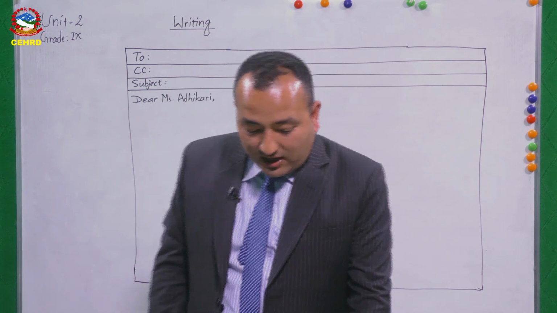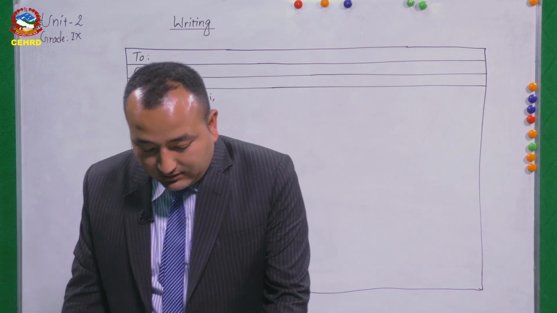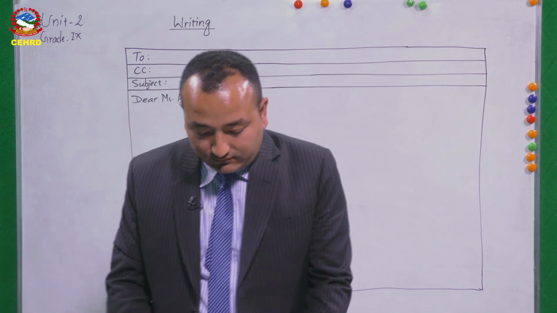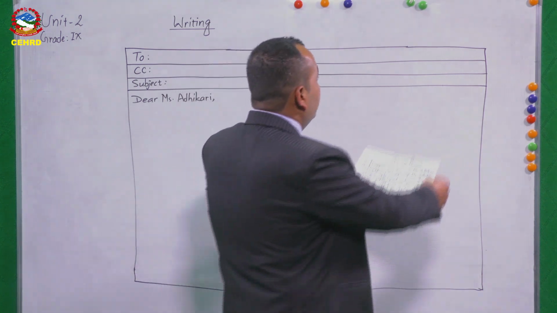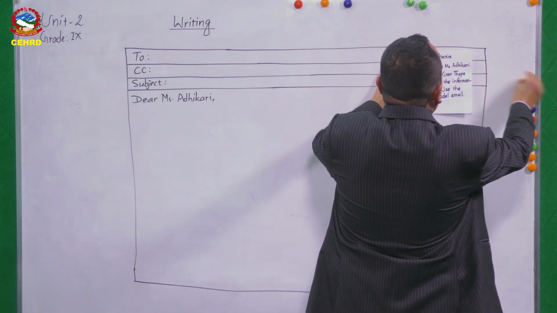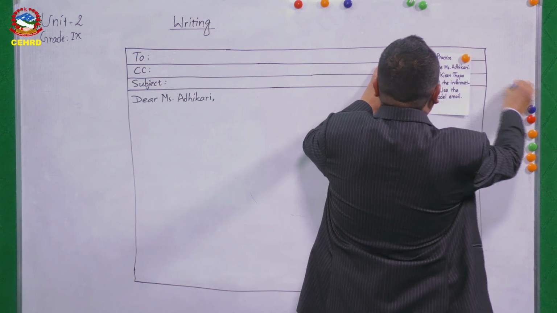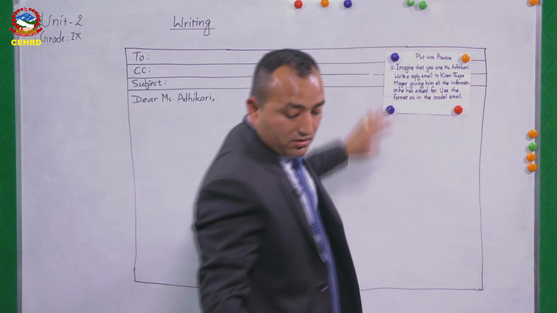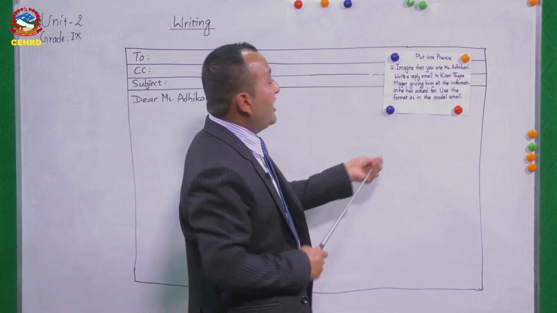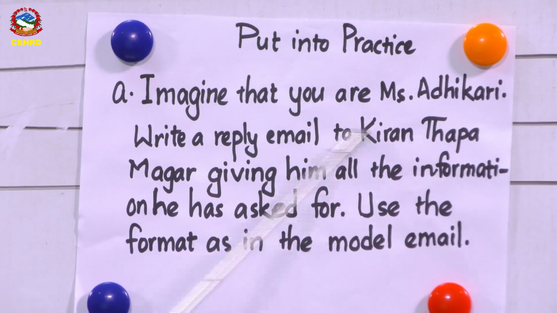Now, what I want to tell you is, there is one question. This question is from your textbook again, the Put into practice section, right? Imagine that you are Miss Adhikari.